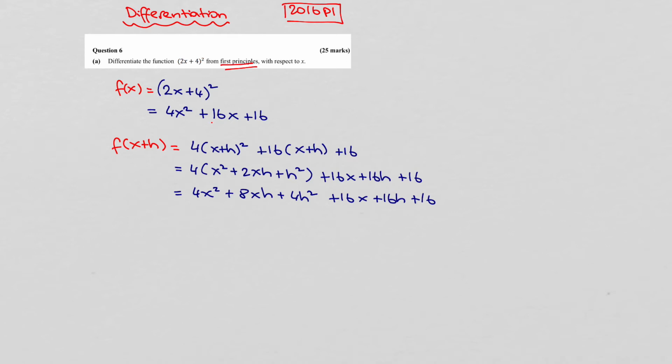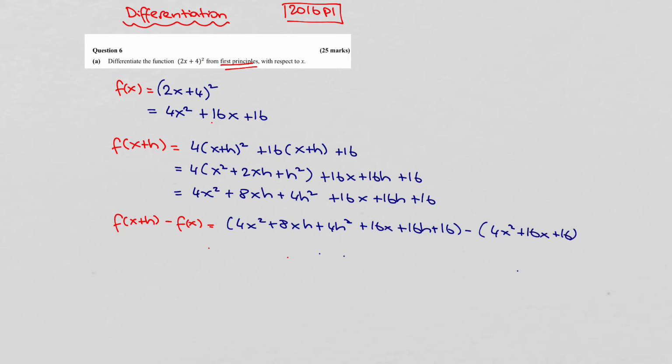The next step is where I take those first two lines and subtract them, in other words f(x + h) minus f(x). When you're subtracting, please make sure that you're using brackets, otherwise your signs will be incorrect. We have a lot of terms here to subtract, so it's really important to use our brackets.